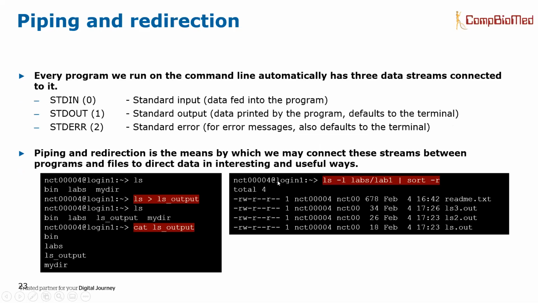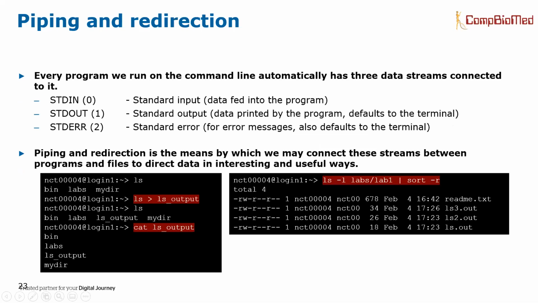Okay, and one other important and interesting thing about Linux is that you can play with the outputs of your command lines, and this is what is called piping and redirection. So there are basically three kinds of output and input in a command line. The first one is the input.